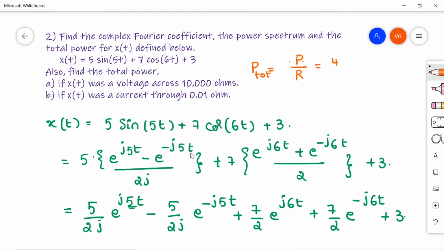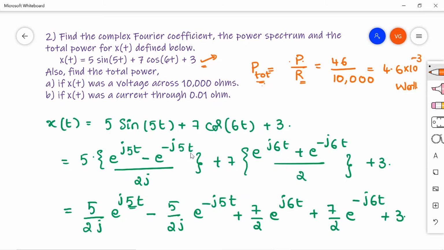That is 46 divided by the resistance, which is 10,000. So this is nothing but 4.6 into 10 power minus 3 watt. This is the total power when this signal is applied across a resistor of 10,000 ohms.